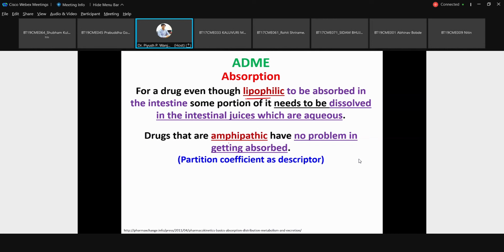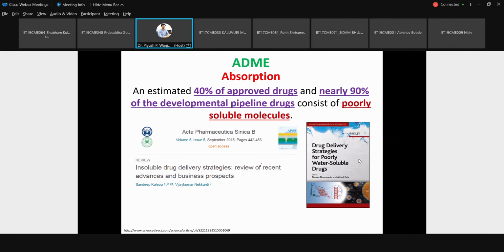But many pharmaceutical compounds are amphipathic, amphiphilic in nature, so they do not have any problem in getting absorbed. Amphiphilic means having both hydrophobic and hydrophilic groups. Even though it has a hydrophobic group, the hydrophilic group will make it water soluble, so transportation properties will be easier. Whenever you are saying partition coefficient, we have understood earlier that even though it can be on the higher side of hydrophobicity, more lipophilic, it should not be too high. So you should consider this as one of the molecular descriptors.